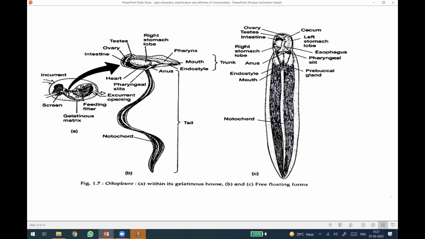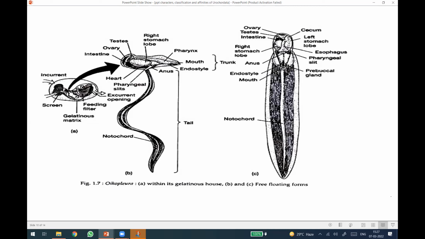Here you can see a feeding apparatus comprising screens, feeding filters, and gelatinous matrices. This structure is present here, through which the water enters with very successful filtering of the water current.